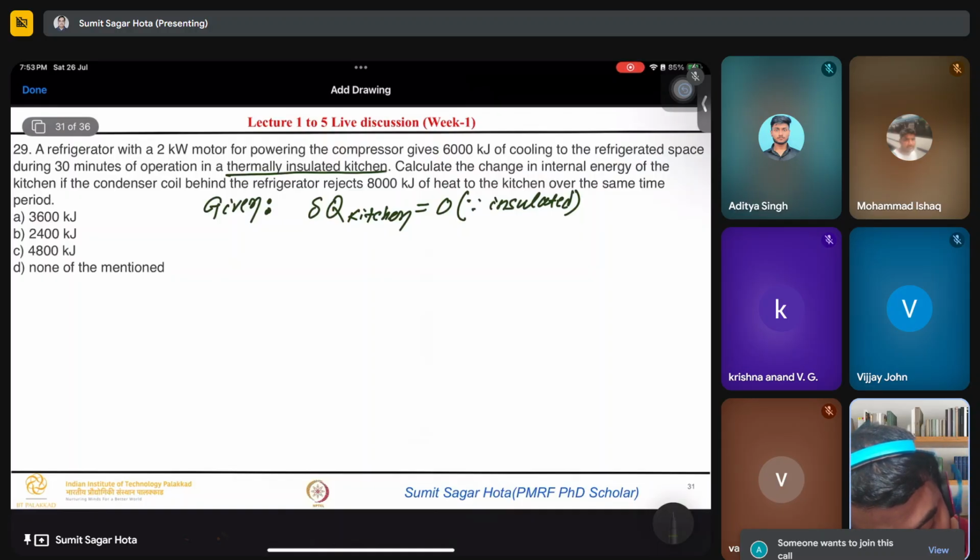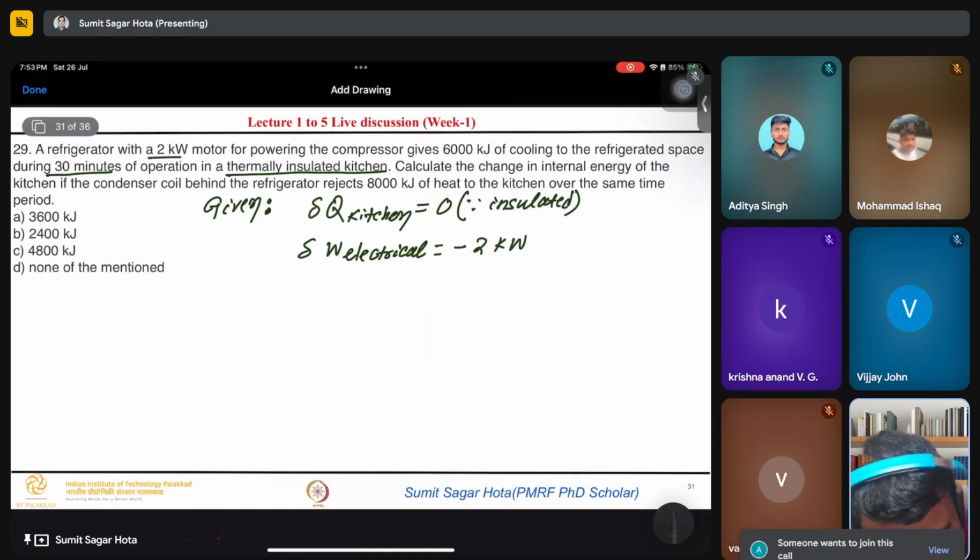So delta W. What is the work done on the system? Work done on the system is always negative. So minus 2 kilowatt, work done for how much time? 30 minutes. A 2 kilowatt motor working for 30 minutes.